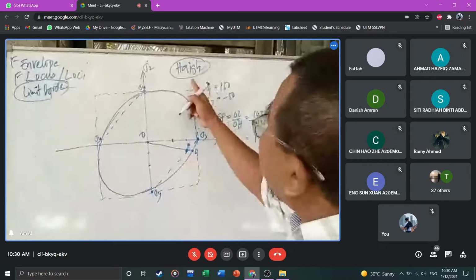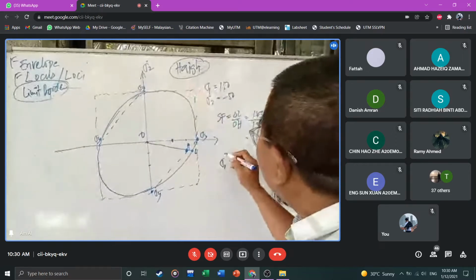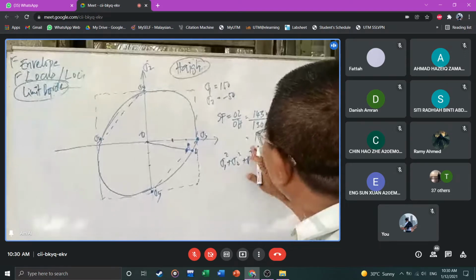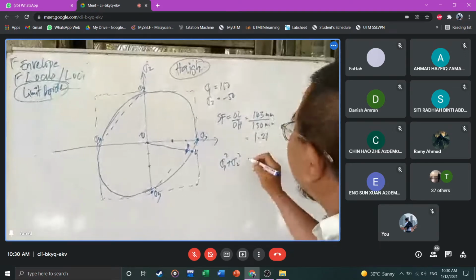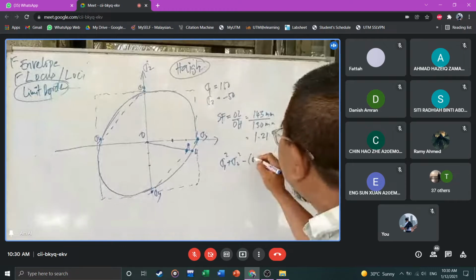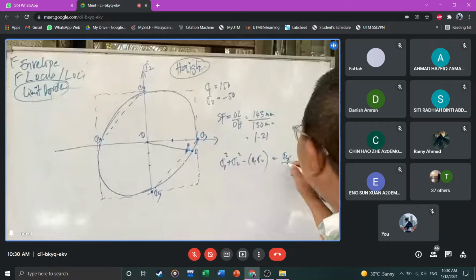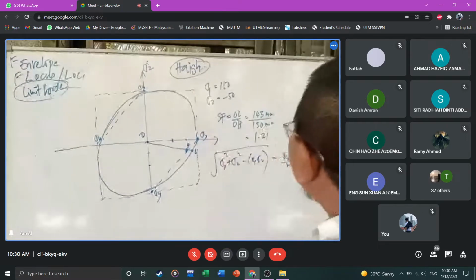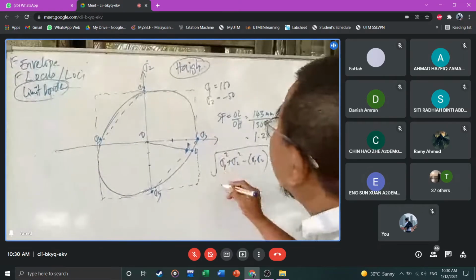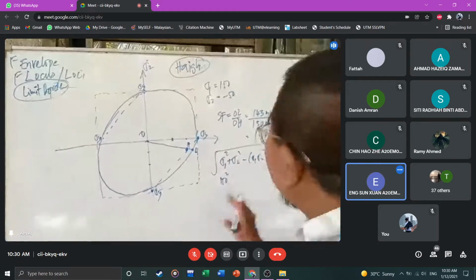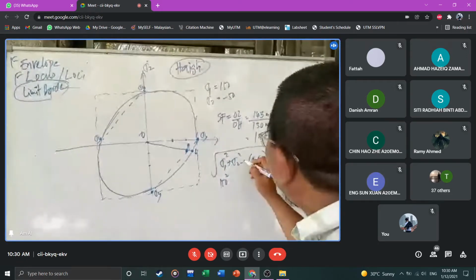What's that? Sigma 1 squared plus sigma 2 squared plus sigma 3 squared. You don't have sigma 3 now. Minus sigma 1 sigma 2. It's equal to sigma y over n, and square root that. So what do we have here? No, doctor, we don't have the 2 mu. Oh, sorry, yes, minus 2 mu.